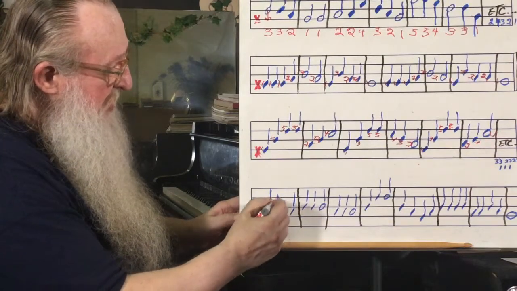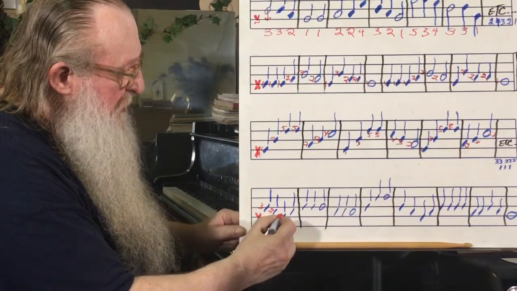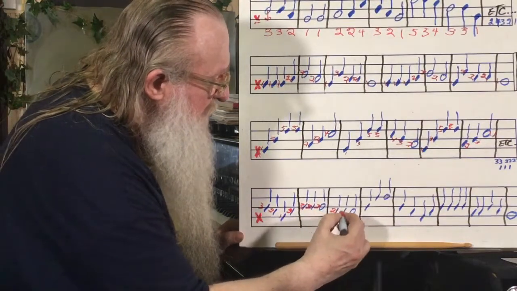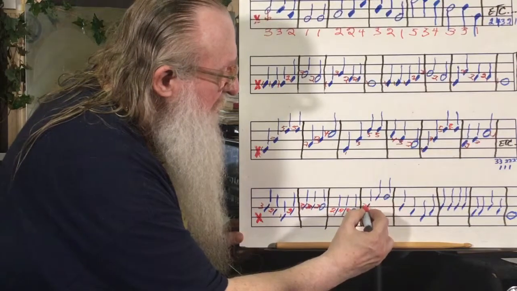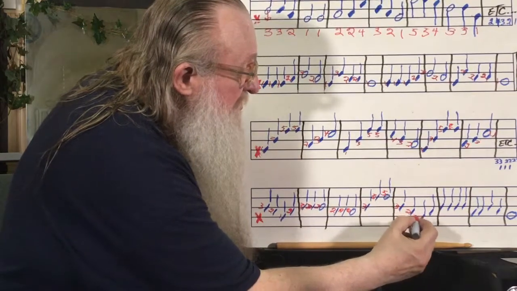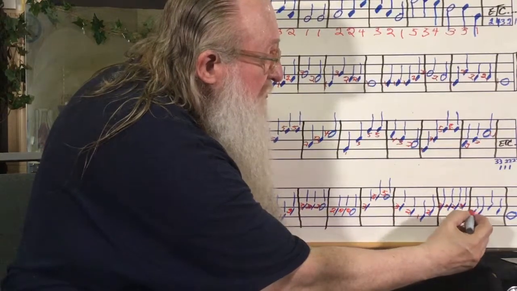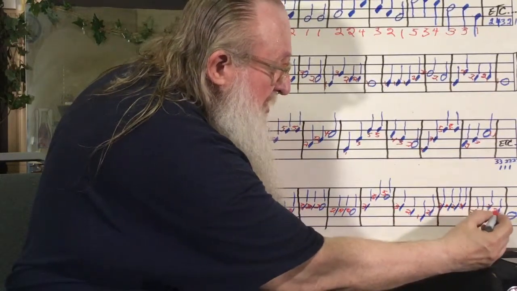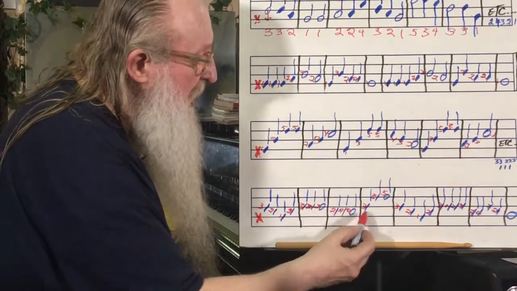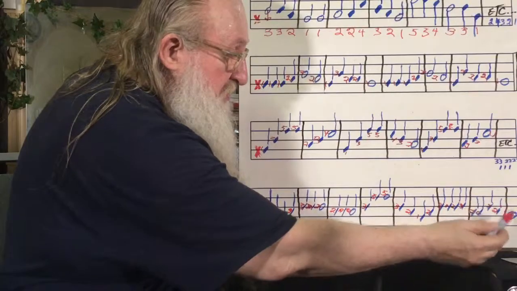So I'm going 3, 2, 1, 2, 3, 3, 3, 2, 2, 2, 3, up to 5, 5, 3, 2, 1, 2, 3, 3, 3, 3, 2, 2, 3, 2, 1. Mary had a little lamb, little lamb, little lamb. Mary had a little lamb, its fleece was white as snow.